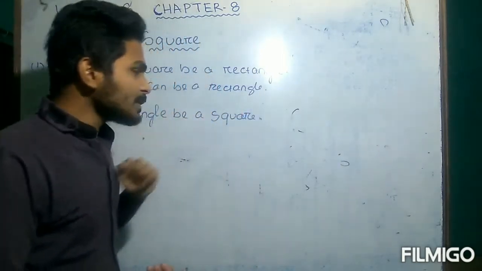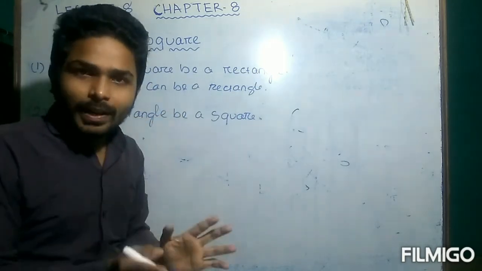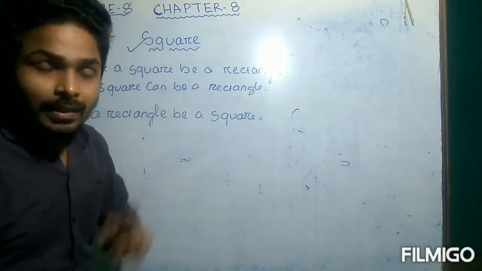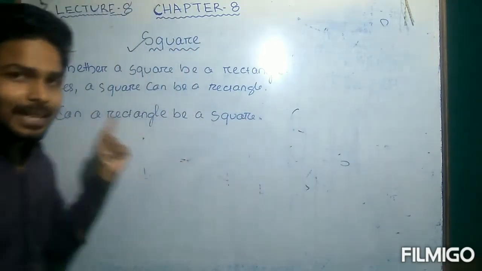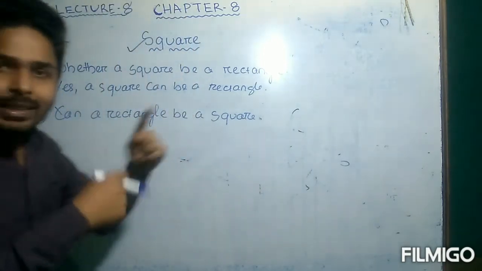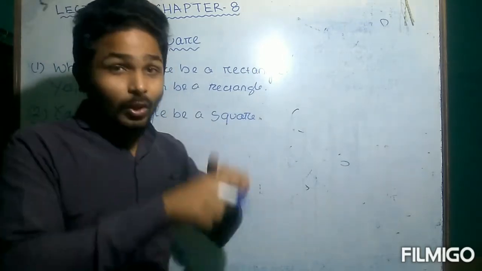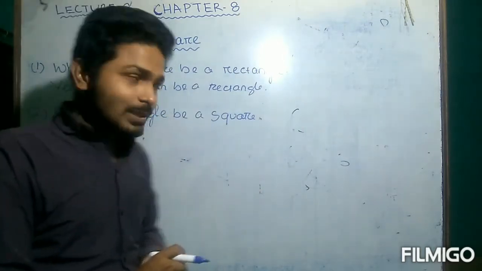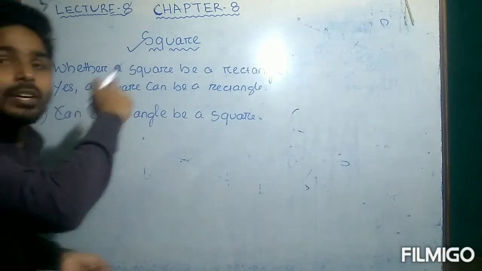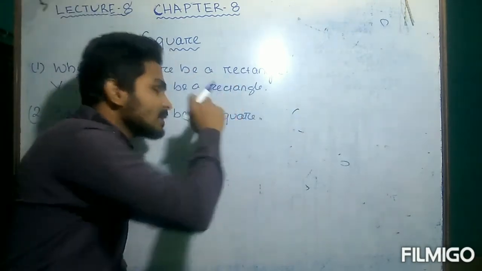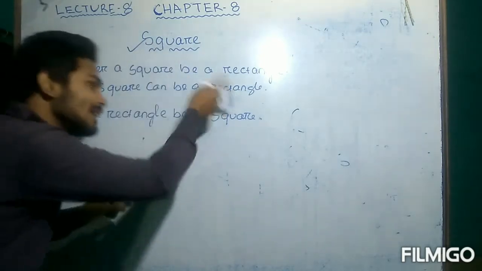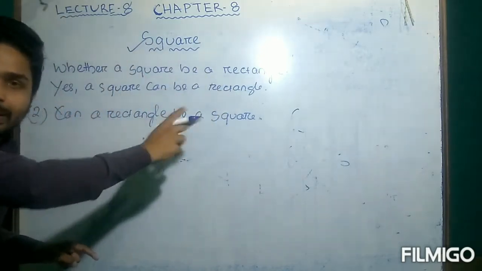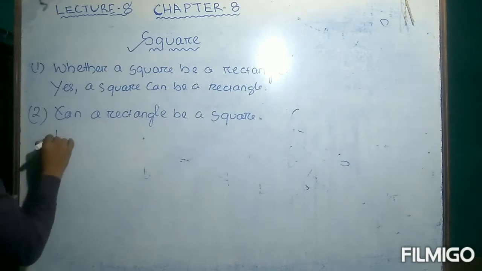The first property of a square is that it should be a quadrilateral, and a rectangle is a quadrilateral. The second property is that in case of a square, all the four sides are equal. But in case of a rectangle, only the opposite sides are equal, not all the four sides are equal. That's why a rectangle does not follow the property of a square. So a rectangle can never be a square. But a square can be a rectangle. But a rectangle can never be a square.